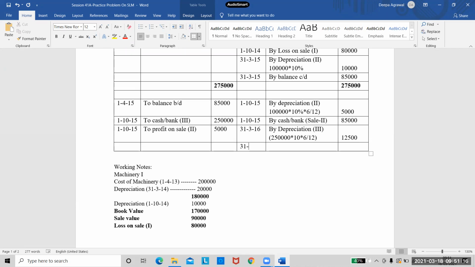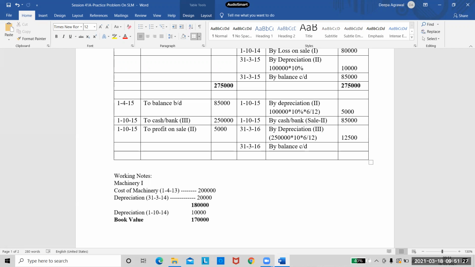Now I need to balance my account. 31st March 2016, so by balance C by D. So first I'll put the totals on both the sides. Debit side total would be 3,30, 3,40, I guess. Check the totals if I'm putting it correct. 3,40,000.